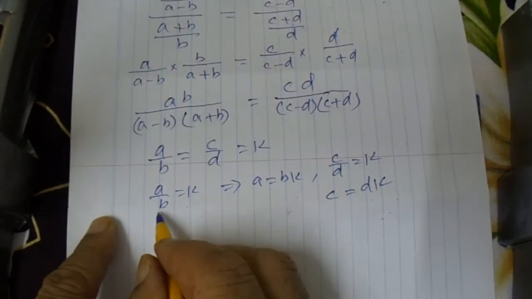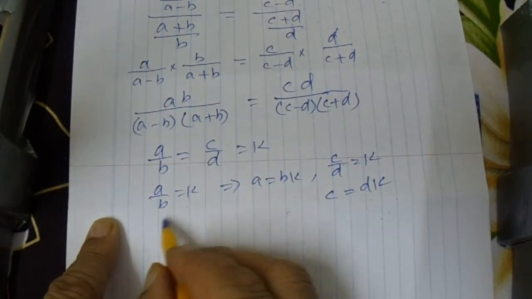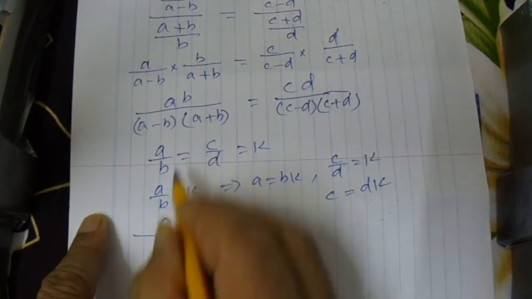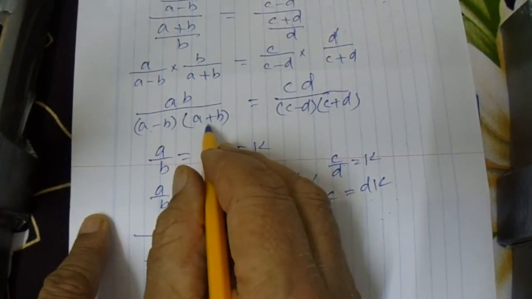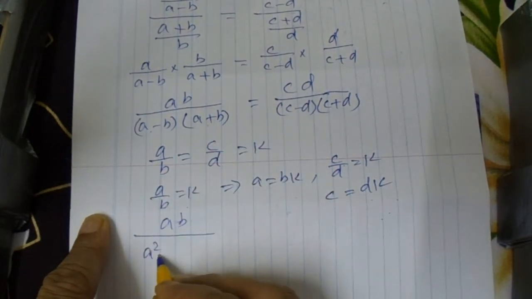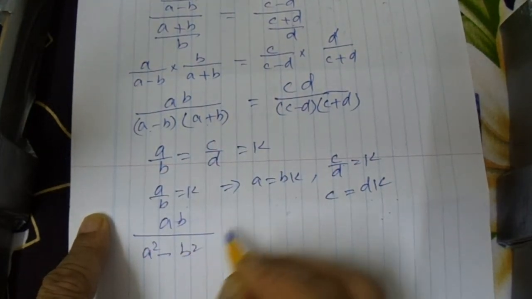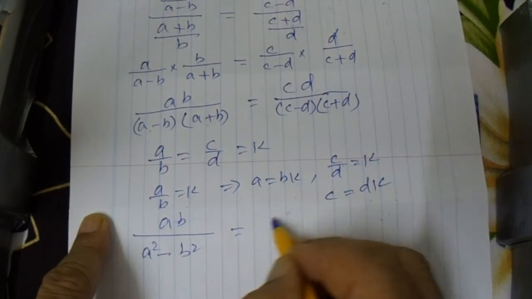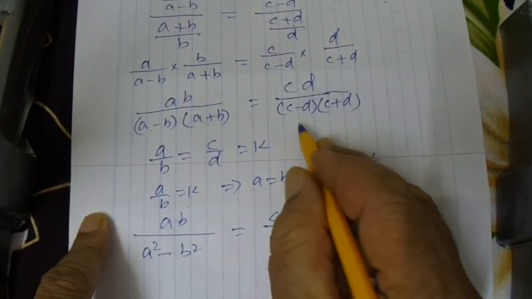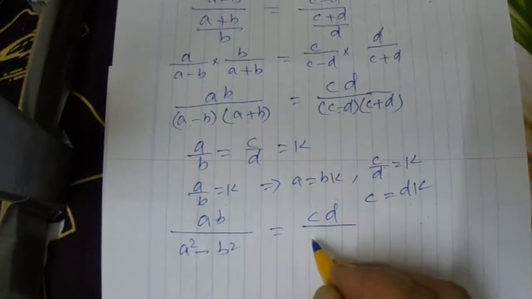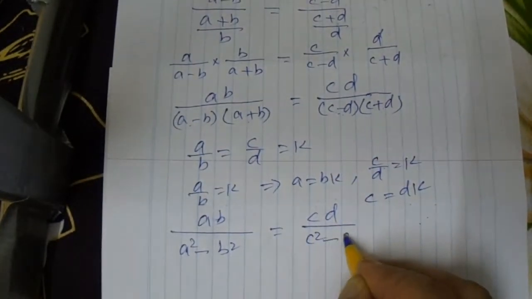Now by putting, again we write this AB over A minus B multiplied by A plus B, we write A square minus B square, and is equal to also CD over C minus D multiplied by C plus D, we write C square minus D square.